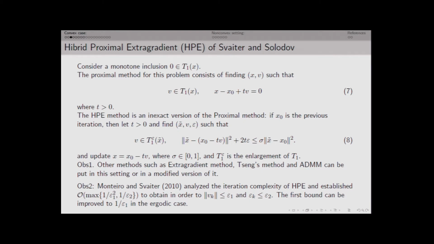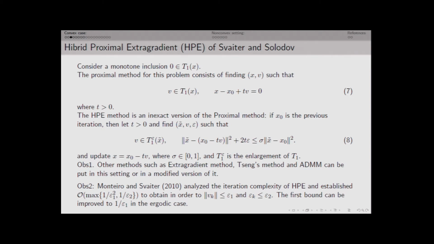In the epsilon residual, you get 1 over the tolerance, and in the case of v, you need to put the square here, so it's a little bit worse, unless you go to the ergodic sense. In the pointwise case, it is 1 over the tolerance squared, and in the ergodic case, it's just 1 over the tolerance.